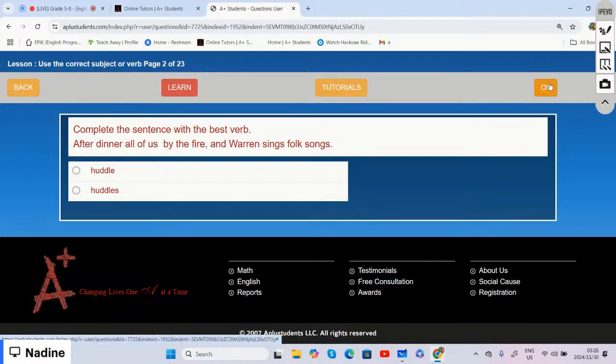We now need to complete the sentence with the best verb, keeping in mind that the subject refers to more than one.